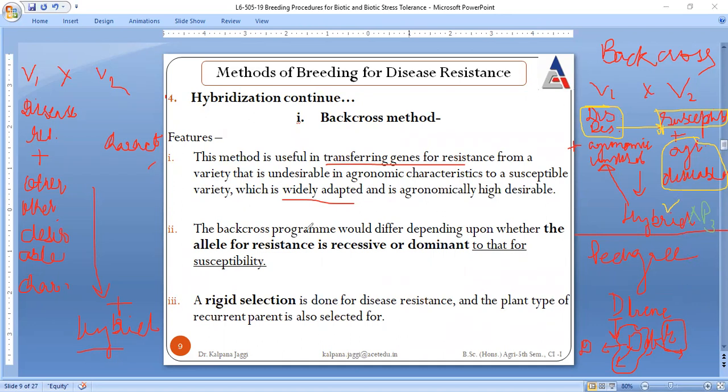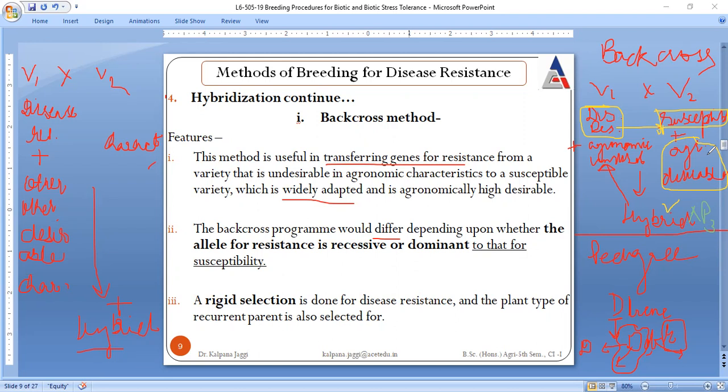That means which backcross program is to be adopted differs, because backcross methods are based upon whether the dominant gene or the recessive gene is being transferred from the agronomically undesirable variety to the susceptible desirable variety.